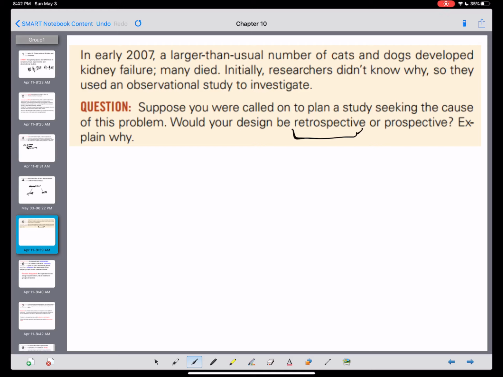Another idea. Sorry, let me think so I can word it correctly. In a prospective study, you would go out and survey the cats and dogs, right?